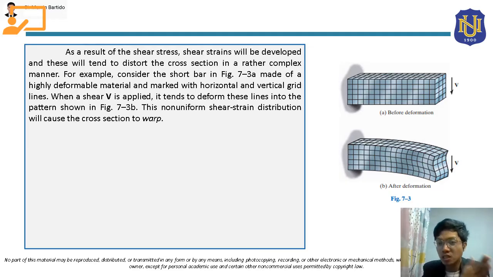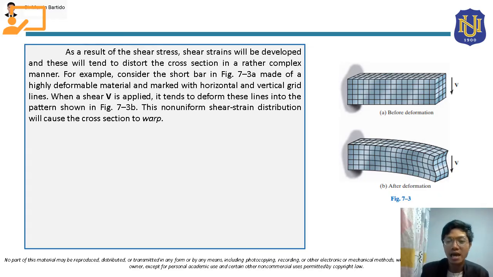Ibig sabihin, it will be distorted. So yun, class, yung totoong nangyayari kapag merong shear force na ina-apply doon sa bar or sa beam, nagwa-warp yung cross section, nadi-distort yung cross section nung bar or nung beam natin.